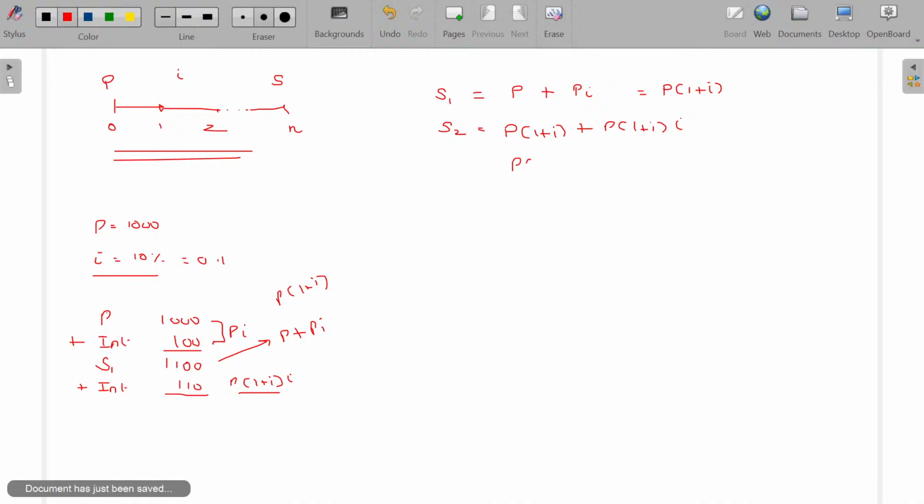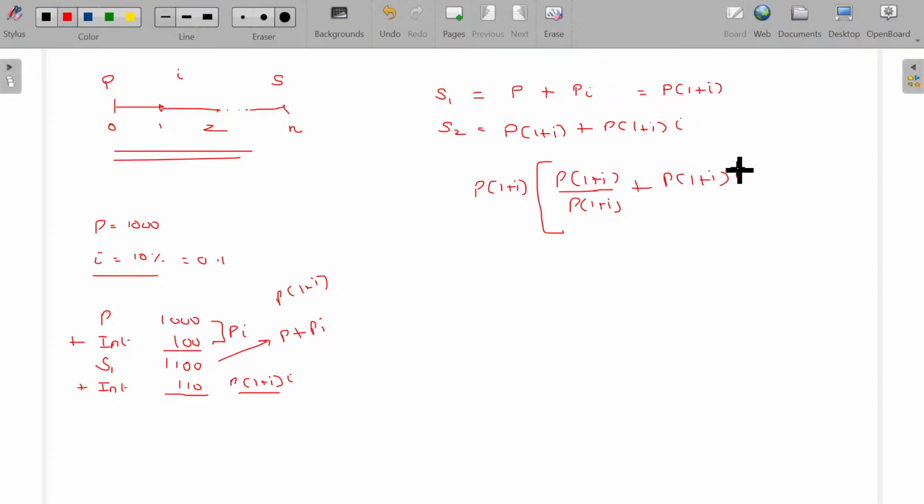So P into 1 plus I. If I take P into 1 plus I out, divided by P into 1 plus I, plus P into 1 plus I into I divided by P into 1 plus I. If I multiply inside, these two cancel.